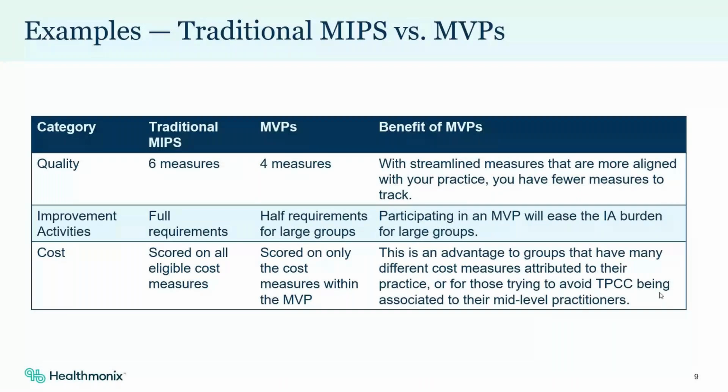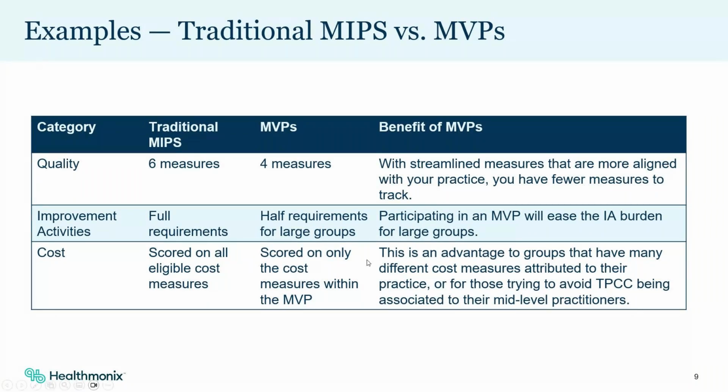If you're considered a small practice, which is 15 or fewer providers, you will have to do one quality measure and one IA measure in 2026, or the equivalent, or 2025, sorry, or the equivalent of a high or 2 medium measures in 2024. So it's a reduction in half for large groups for MVPs, which is nice.